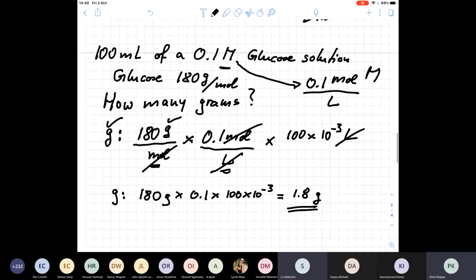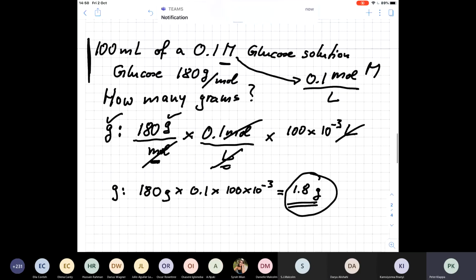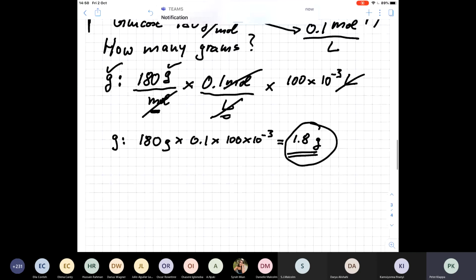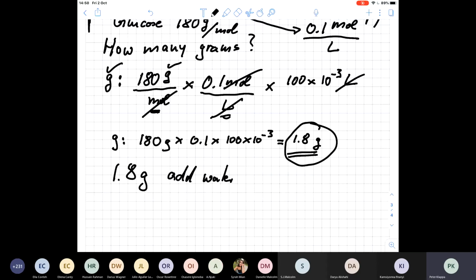So in order to make this solution, 100 milliliter of a 0.1 molar glucose solution, I need to take 1.8 grams, and add water so that it will be 100 milliliter.